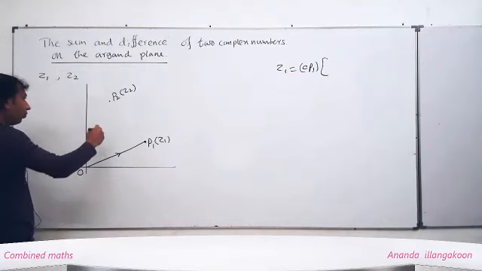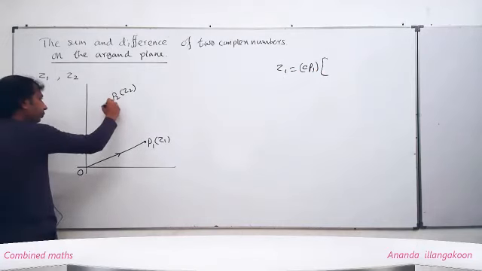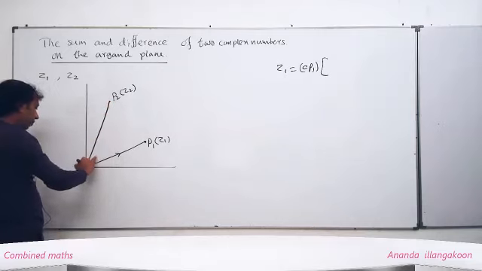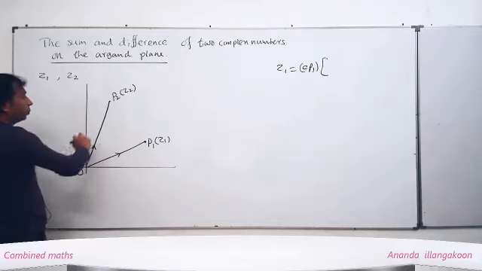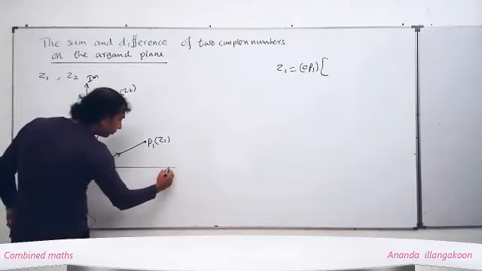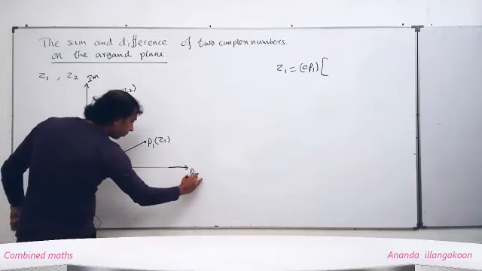Right. Now suppose OP2 is the line segment that represents complex number Z2. This is the imaginary axis, this is the real axis.